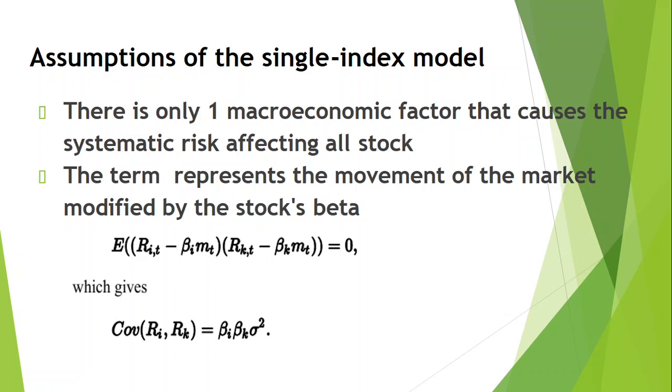Covariances among securities result from differing responses to macroeconomic factors. Hence, the covariance of each stock can be found by multiplying their betas and the market variance. The single index model assumes that once the market return is subtracted out, the remaining returns are uncorrelated.